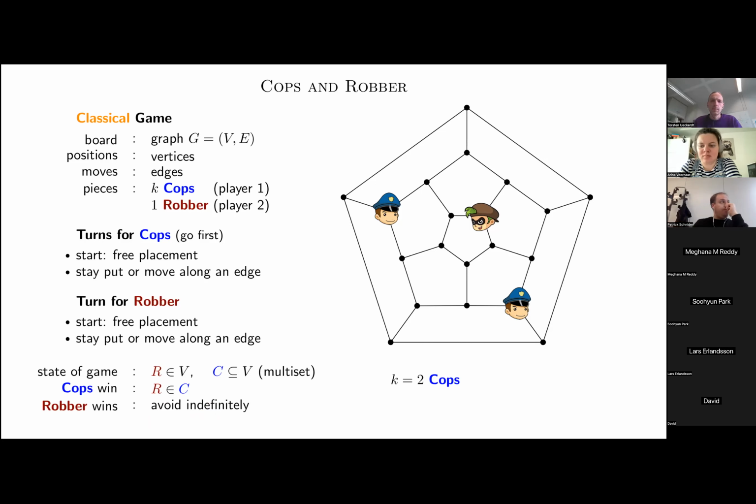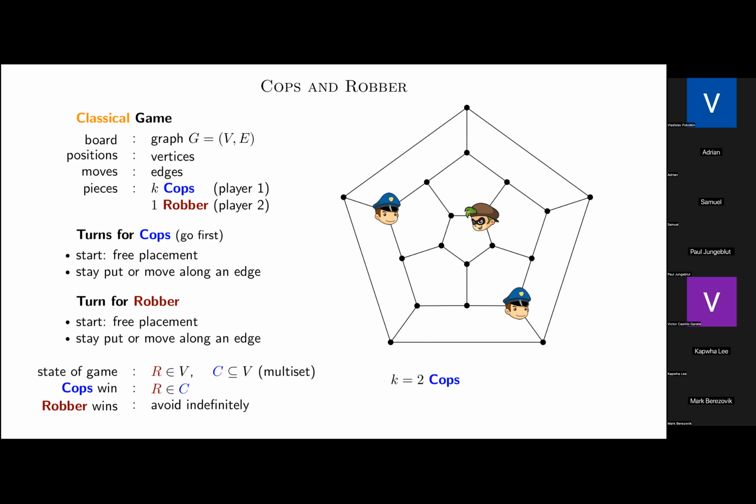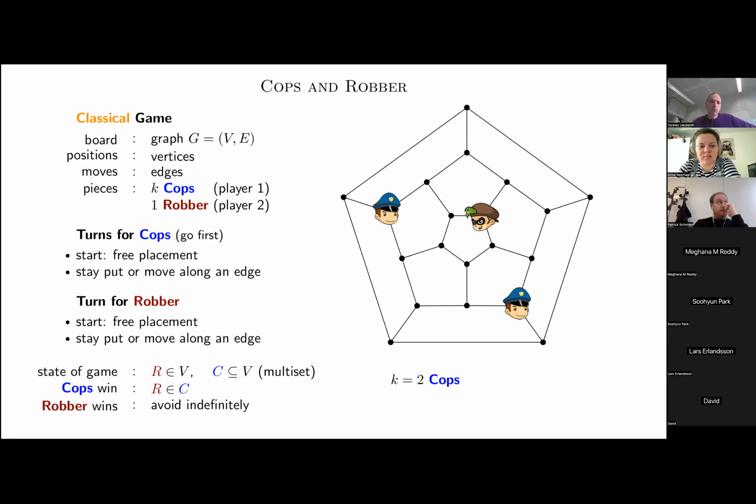The game ends with the cops winning when the state of the game fulfills this condition, namely the robber vertex R is in the set C of cop vertices, meaning that there is a vertex where the robber is, and there's also a cop. So when the cops catch the robber, the game ends and the cops win. And the robber wins if he can avoid this forever.